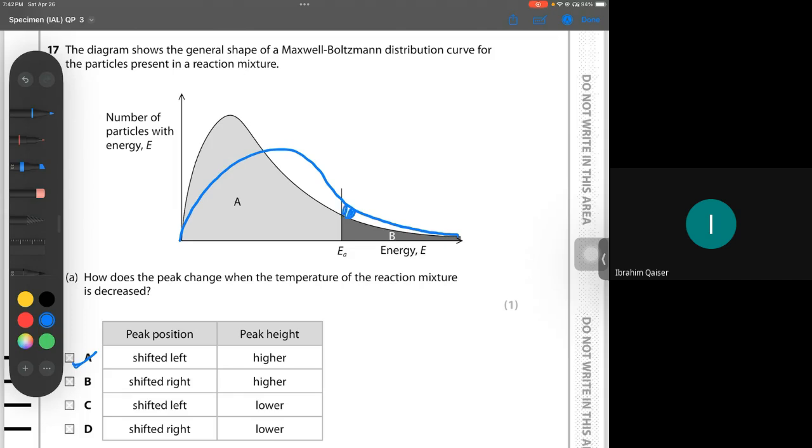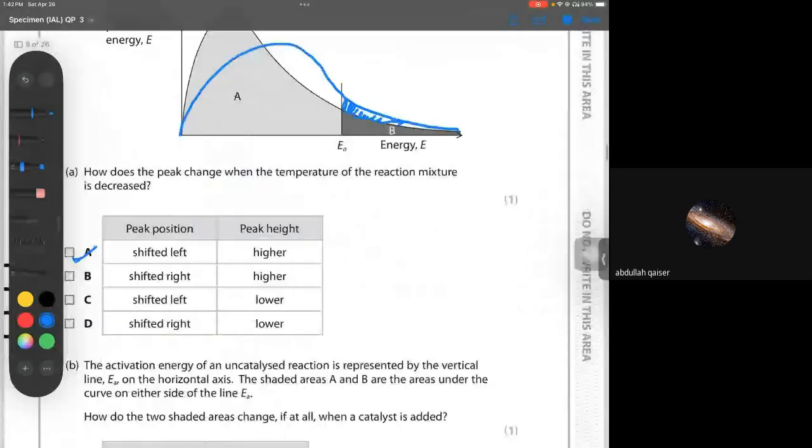Now you have more particles in the area under the curve, which means the temperature has increased. They are asking about a decrease in temperature, so the graph shifts towards the left and the height of the curve is going to be higher. So option A is correct.